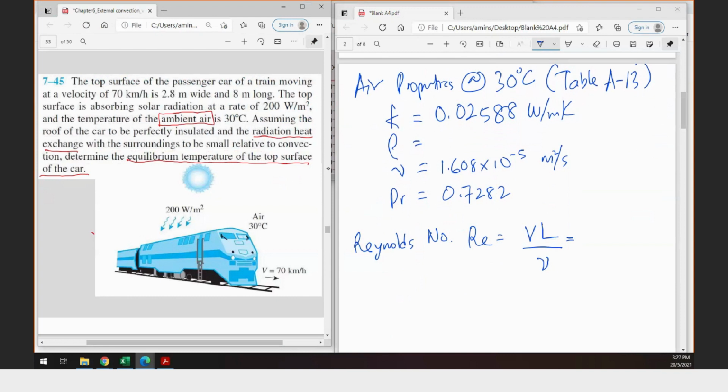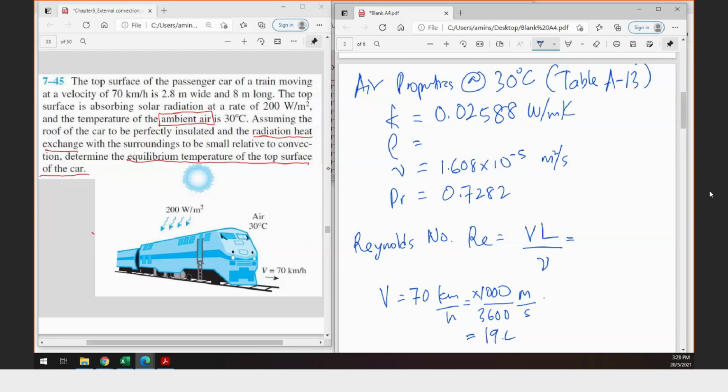Velocity is 70 kilometer per hour, so you need to change it into meter per second. How? Multiply by 1000, divide by 3600, for 1 hour. Can you calculate the velocity in meter per second?